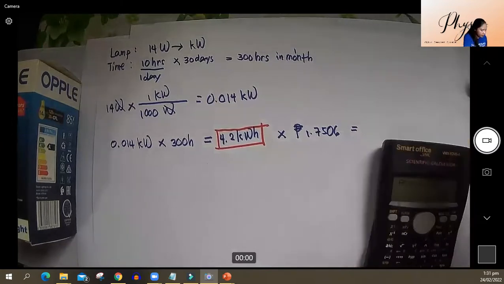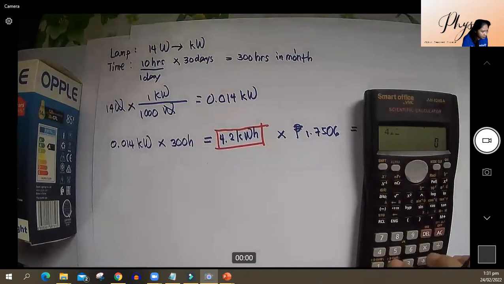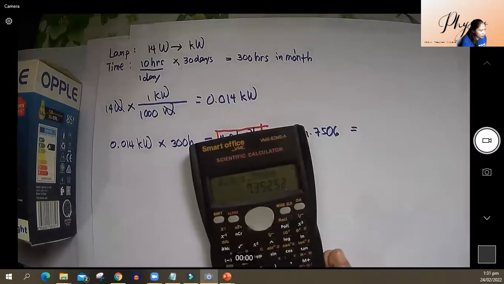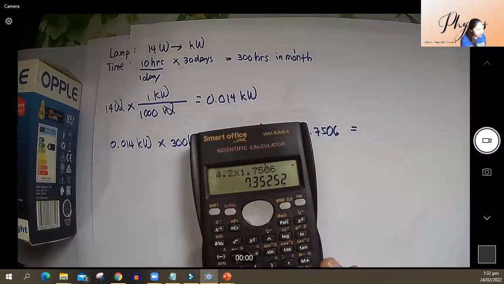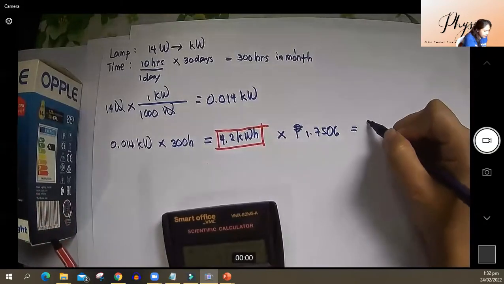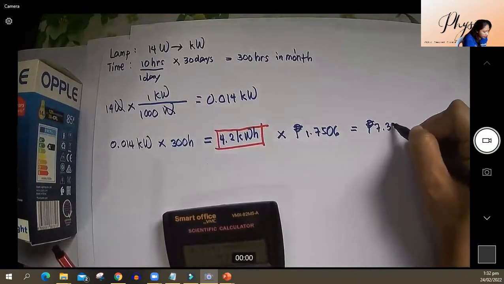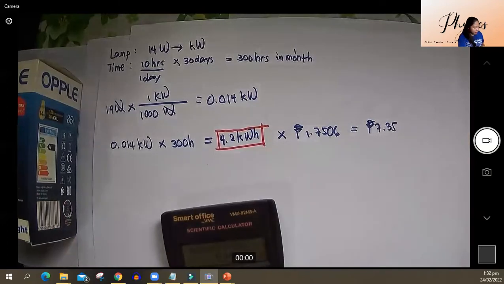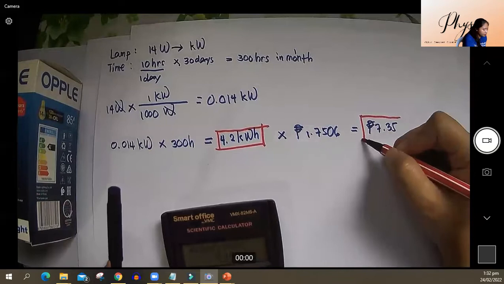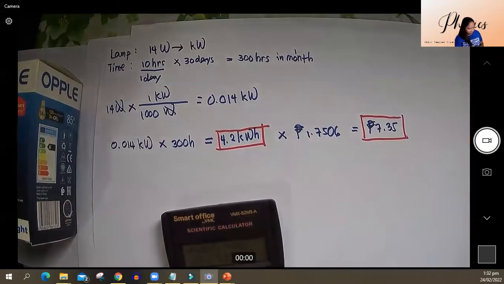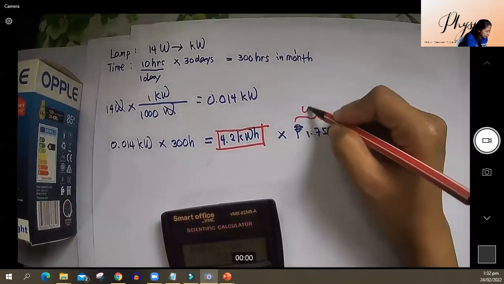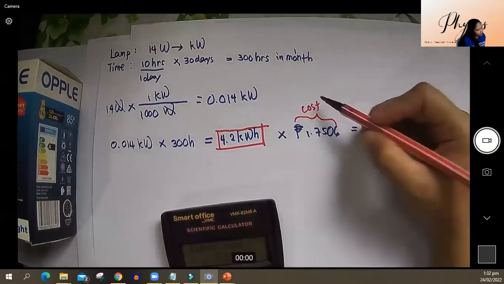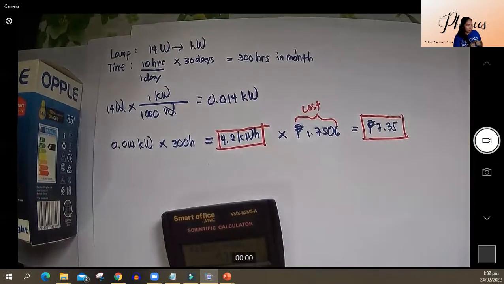We'll use the calculator again. 4.2 times 1.7506, and that's equal to 7.35. So this is your bill for using the lamp for 10 hours per day. Take note, this is the cost of the distribution.